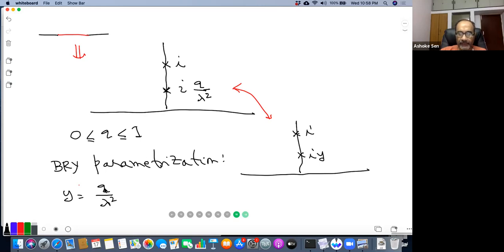Once you have done that, you just follow the procedure that I gave. The range of q from 0 to 1 translates to 0 less than or equal to y less than or equal to 1 over lambda square.